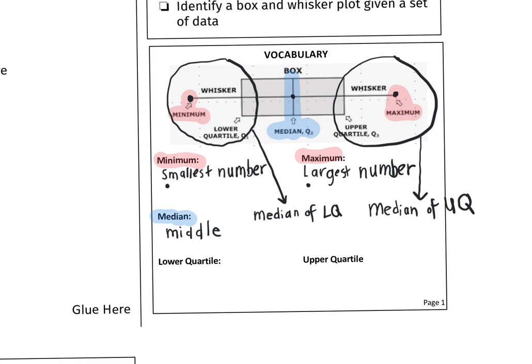So the next vocabulary word that we have is lower quartile. The lower quartile is always the number located at the beginning of the box. So it would be the number located at the beginning of the box. Okay.